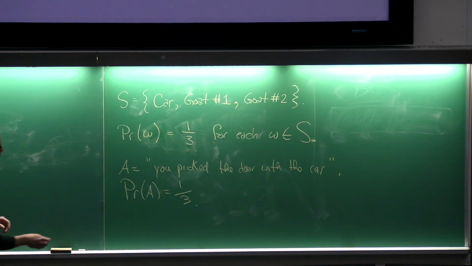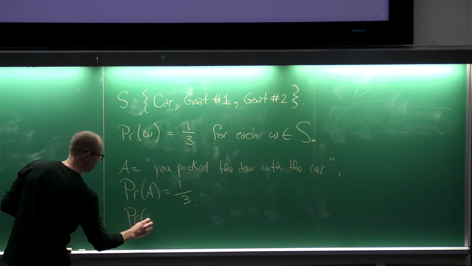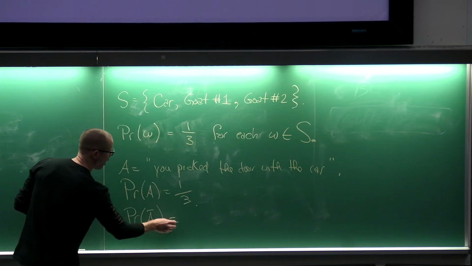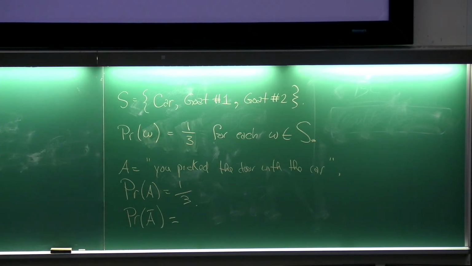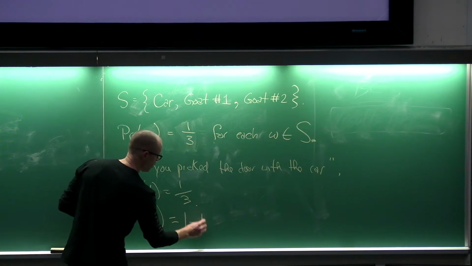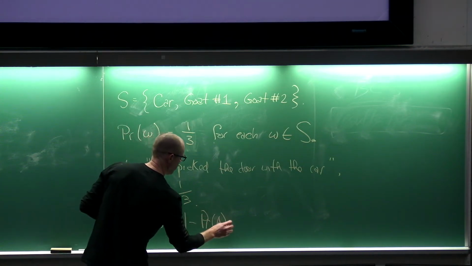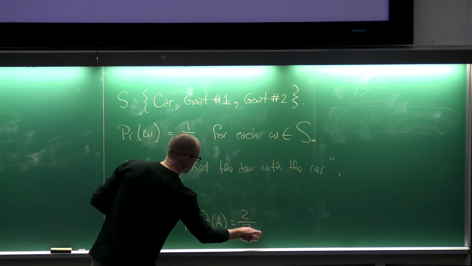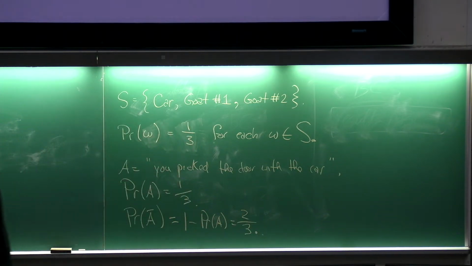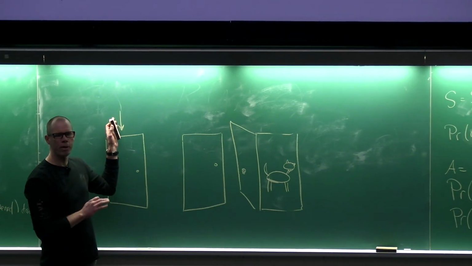And what is the probability of not A, so not picking the door with the car? It's 1 minus the probability of A, that's the complement rule. So it's 2/3. Now we're considering the strategy where whatever happens, you pick this thing, Monte opens something, and you switch.